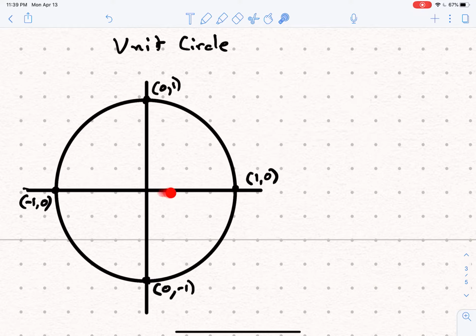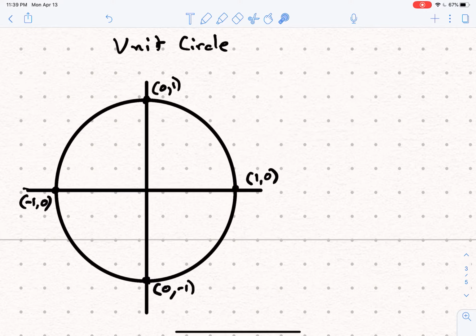So when I think of this point here, what angle does this point lie on? The angle is just the one that goes directly off to the right. This is an angle of 0. It's the same as the angle of 360 degrees, so in radians, we would call that angle 0, or we would call it 2 pi.